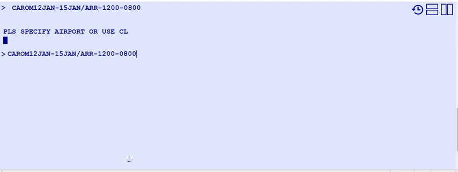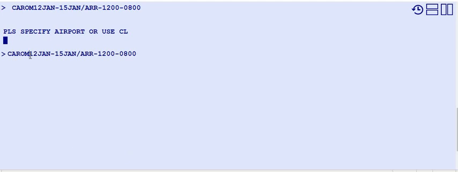Let me try to run this entry, whether it's being executed or not. Let's see. Here it is saying, please specify airport, use CL if you want the car location list. Okay, you can take the city code for that, but if you want the car availability, we should always look for it with a specific airport. So instead of Rome, I should be mentioning the Rome airport, that is Fiumicino.